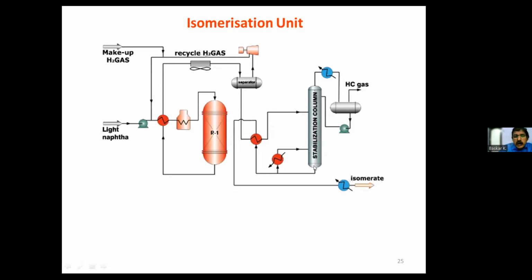The stabilizer bottom is giving the heat to the feed and then goes as a product. Okay, so that's how the heat balance is taking place, because an entire refinery is full of heat exchangers and towers where the heat exchange is taking place in a proper way.